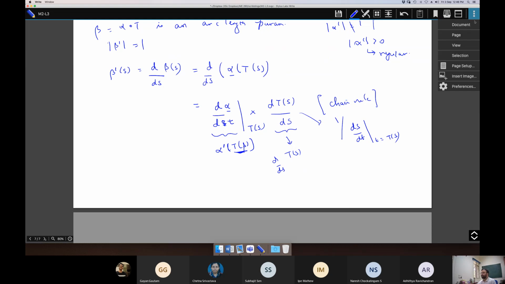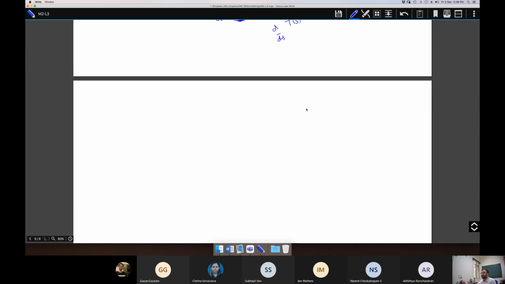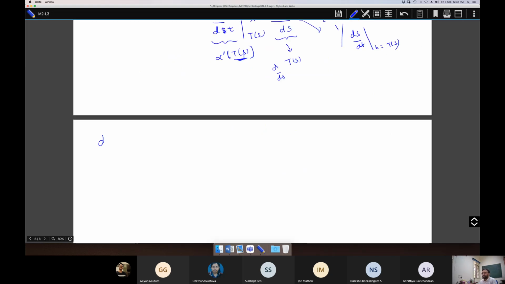Okay, let's make sure all of us understand. How do you compute dt of s by ds? Do you know the map t of s explicitly? Do we have an expression for it? I know we can compute it, but we don't have an expression, so we have to do it in some indirect way. Let's do the following.